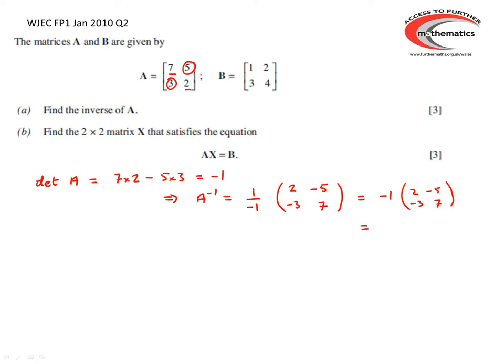So we're ending up with the inverse matrix being minus 2, 5, 3, minus 7.